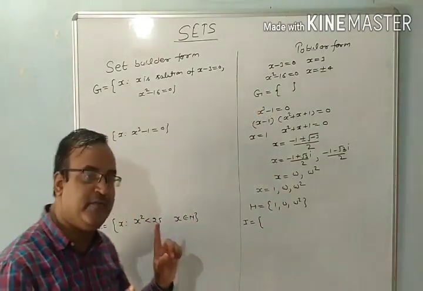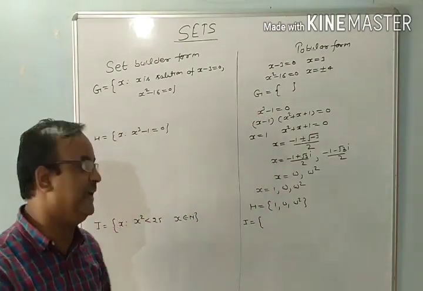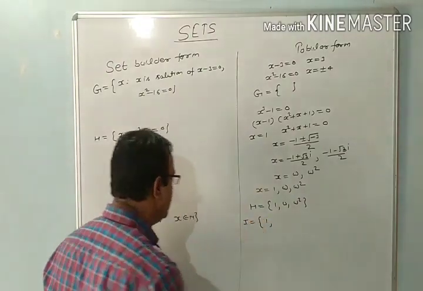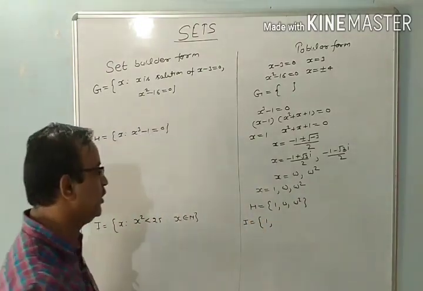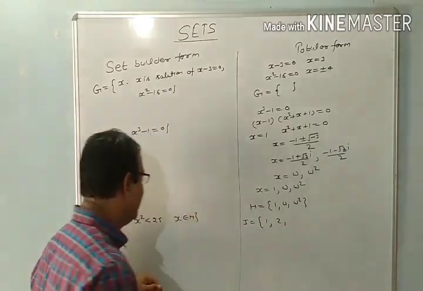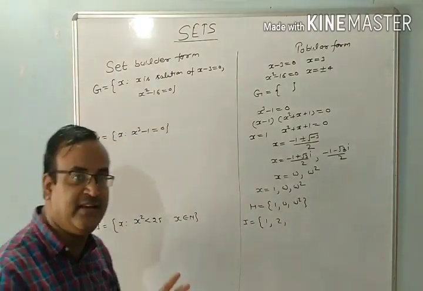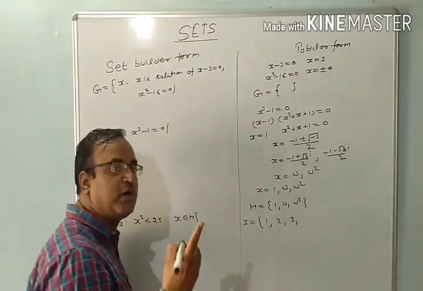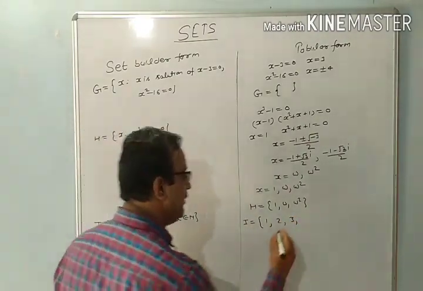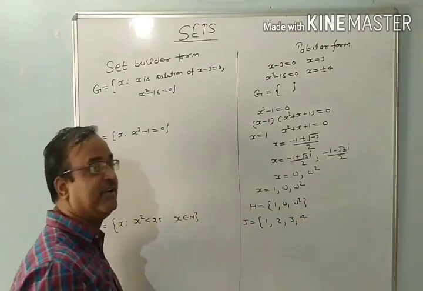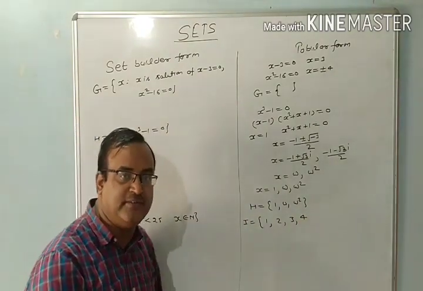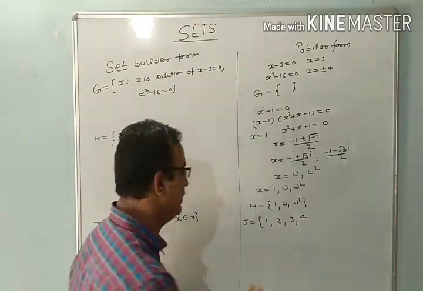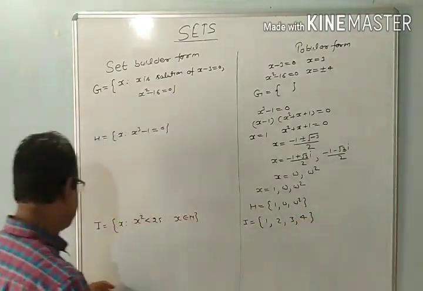We can take x is equal to 1, 1 square is less than 25, so we write here 1. 2 square is 4, so we can also take 2. 3 square is 9 which is less than 25, so we can write 3 also. The square of 4 is 16, so we can write 4. But we can't take 5 because the square of 5 is 25, and 25 is not less than 25.